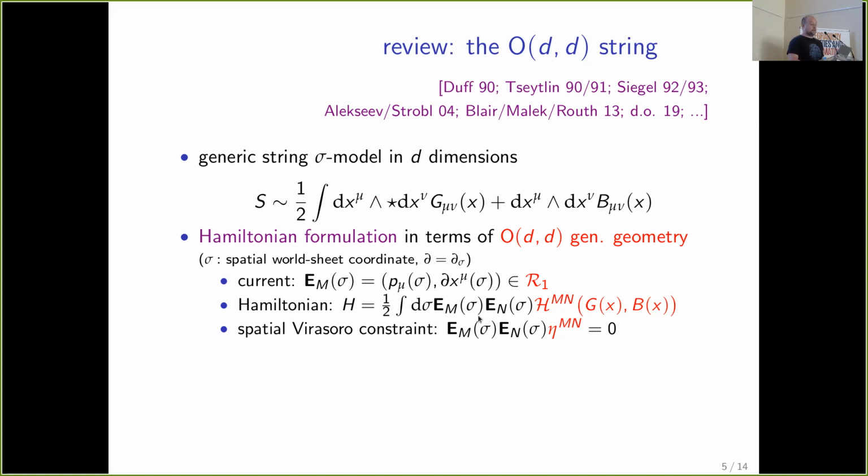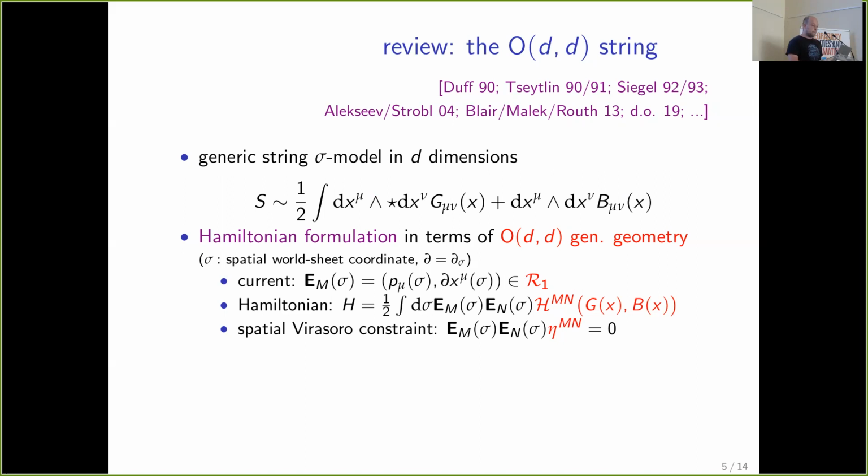So it's quadratic, generalizing the free point particle, where the Hamiltonian of a point particle is quadratic in the momenta. It's just the same way, just writing it with different kinds of indices. And the spatial Virasoro constraint also takes a form in terms of ODD geometry. It's quadratic, but with respect to this eta metric, the invariant metric.